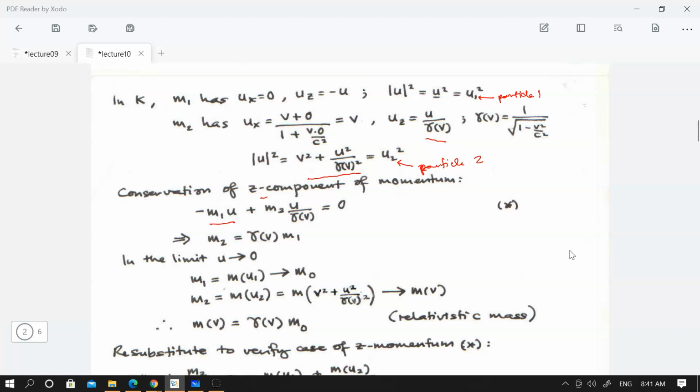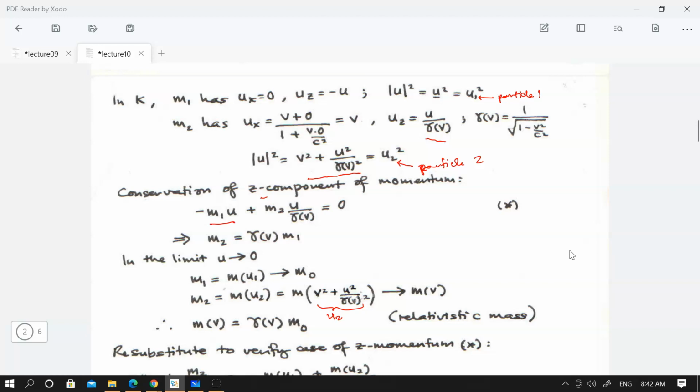So you would see the following function, m of u2. Remember this is not multiplication, this is a function. In the limit of u going to 0, this part will disappear and you are left with v squared, or we can rewrite this as m as a function of v. So now this second particle will have a velocity dependence coming from the velocity of the frame.